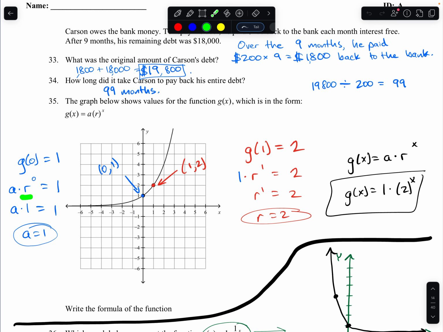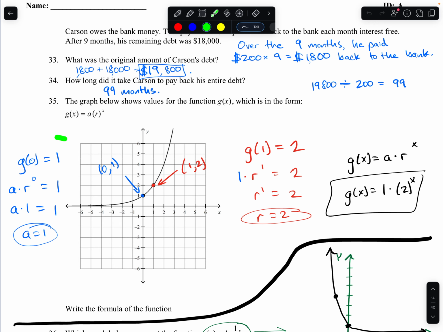I can assume that the growth rate, r, is not 0. So any non-zero number to the 0 power is going to be 1, which means my value for a is 1. Now that should make sense because a, if you remember what that represents, it's our y-intercept.